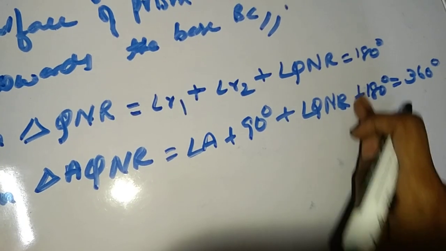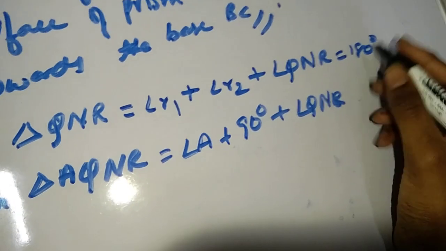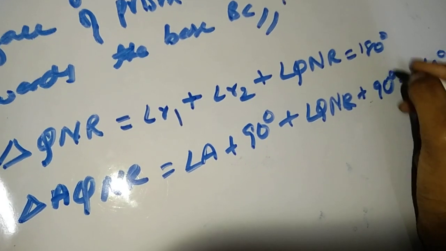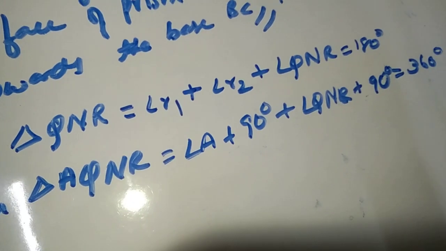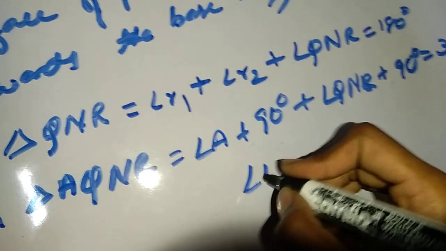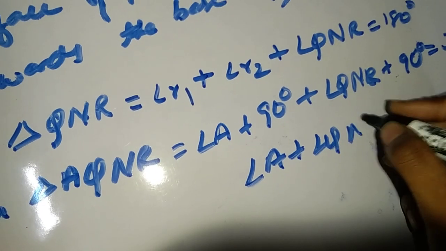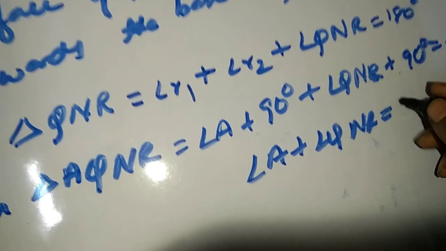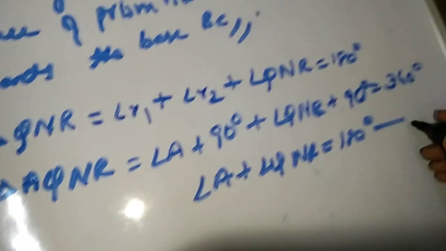So can I tell this is 90. 90 plus 90 is 180, 360 minus 180 is nothing but 180. So angle A plus angle QNR equals 180 degrees.